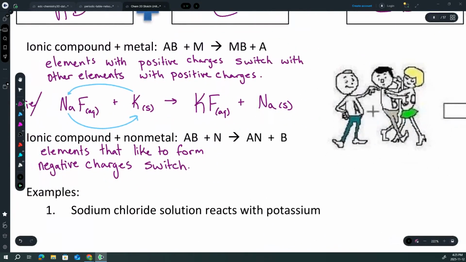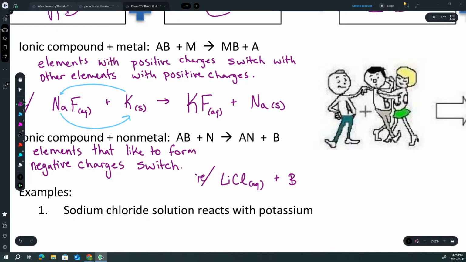For example, let's say we have a lithium chloride solution. Lithium likes to have a +1 charge, chloride likes to have a -1 charge, so that's already balanced. And let's say it reacts with bromine. Bromine is part of Hofbrinkel, so it's a diatomic element, which means when it's by itself, there's always two of them.